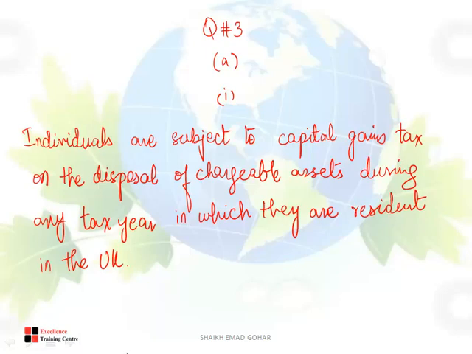This is the answer for 1 mark. You can write this point. 1 mark means one well explained solid point.